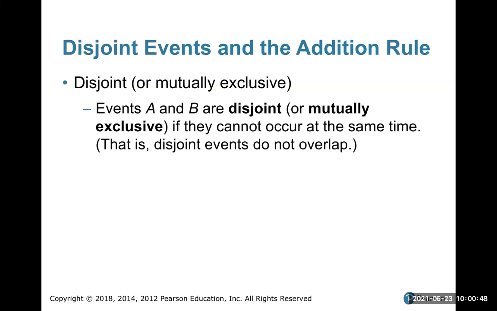If you are rolling a die once, you cannot roll 1 and 2 together. So the event of rolling 1 is disjoint from rolling 2.